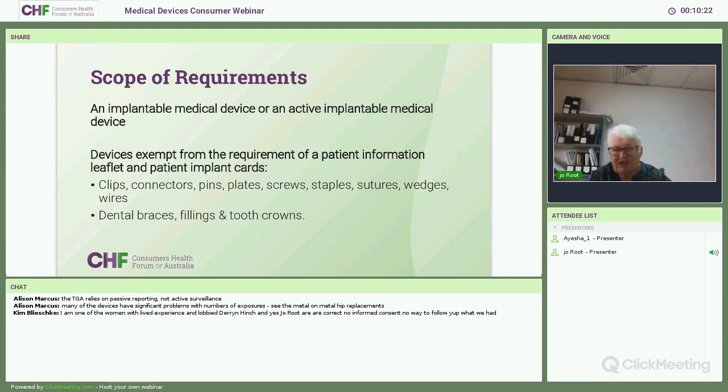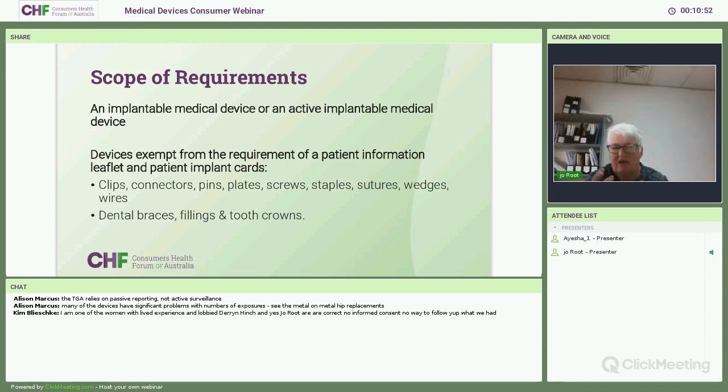To have a patient implant card or a patient information leaflet, we're basically saying that the scope of requirements is that there has to be an implantable medical device or an active implantable medical device, and it can get quite complicated. There are some devices which are exempt from the requirement of a patient information leaflet and patient implant card.